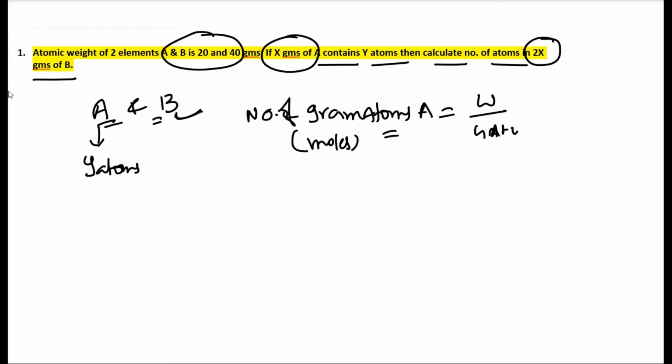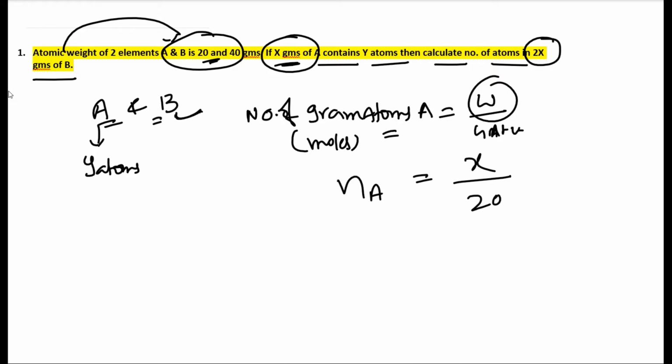This is the number of moles formula, just a simple formula. The given weight of A is x grams, and the atomic mass is 20. So x by 20 is the number of moles of A.